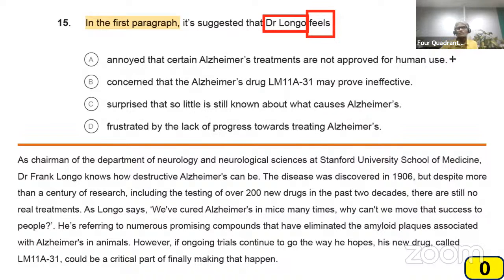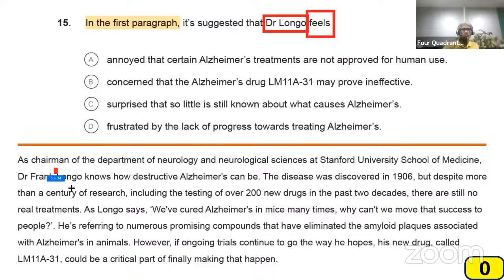What does he feel? He feels and he says something. When you feel something, you say something. Here you cannot hear the words, but you can read the words. He is expressing his feelings, and his original words will be mentioned.